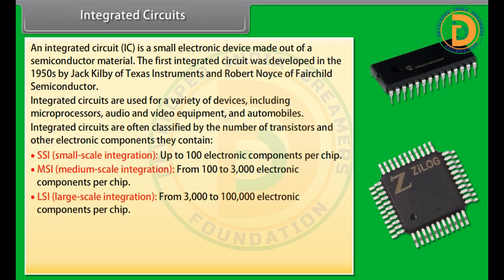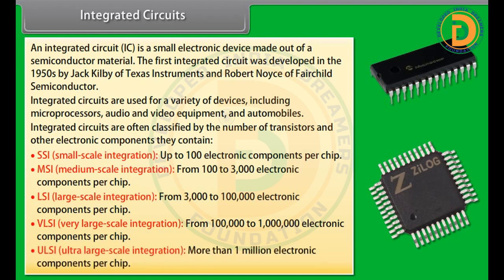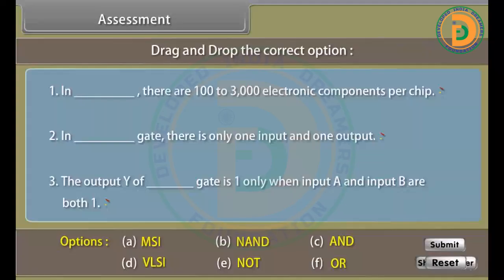From 3000 to 1 lakh electronic components per chip. VLSI. Very large scale integration. From 1 lakh to 10 lakh electronic components per chip. ULSI. Ultra large scale integration. More than 1 million electronic components per chip.